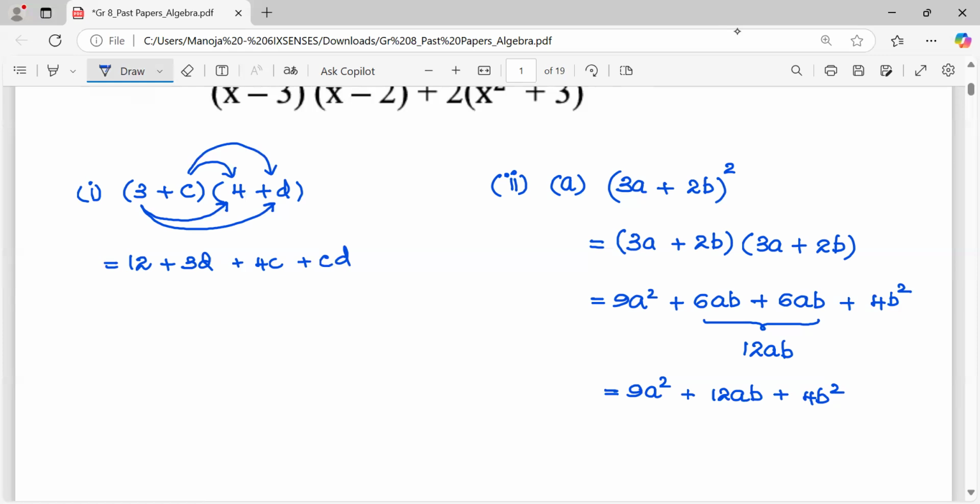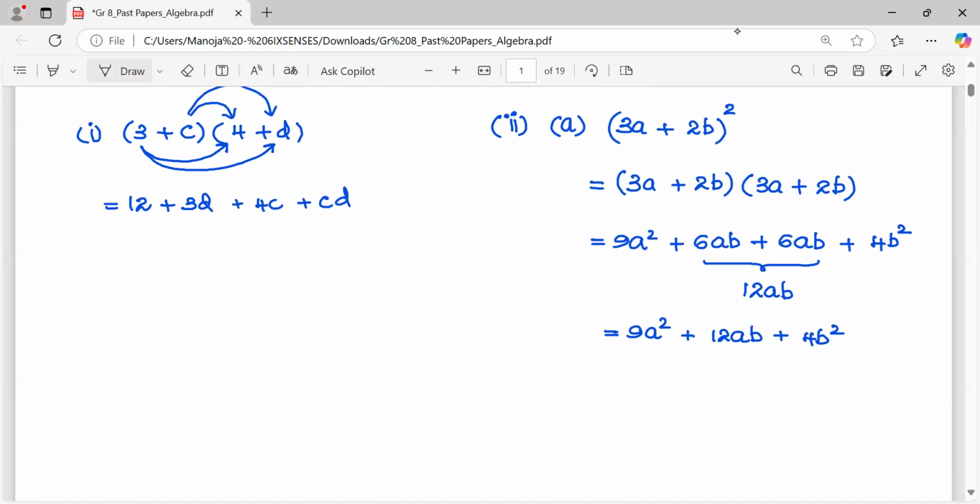Then 2 times 3, 6, and b times a, again ab. Then 2 times 2, 4, b times b, b squared, so I have 4b squared. 6ab and 6ab are like terms, therefore I can add them, that becomes 12ab. So I conclude my answer: 9a squared plus 12ab plus 4b squared.